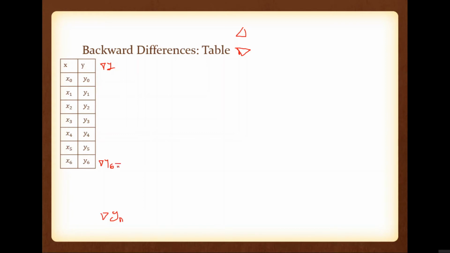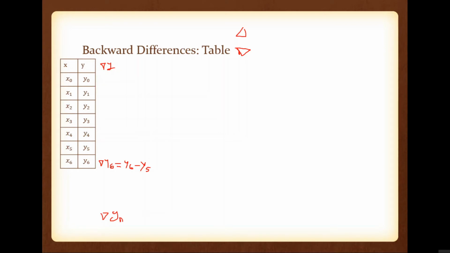Del y6 is nothing but the current data y6 minus, can you guess? Yes, exactly, because we are starting from bottom to top: current value minus the previous value. That is backward difference.